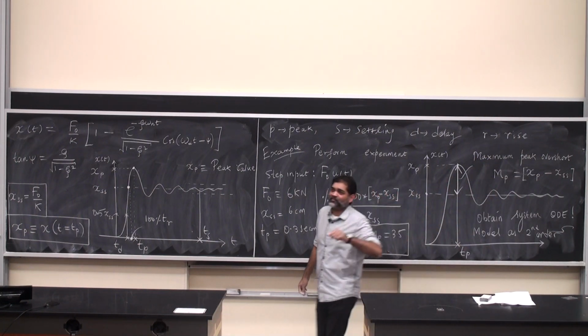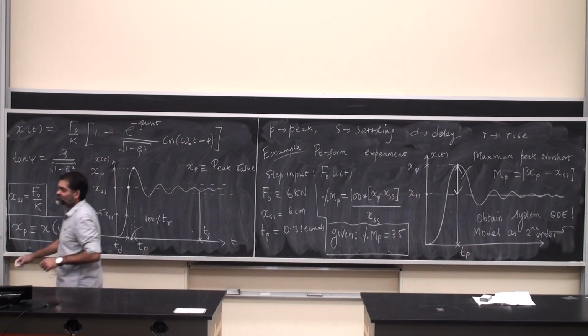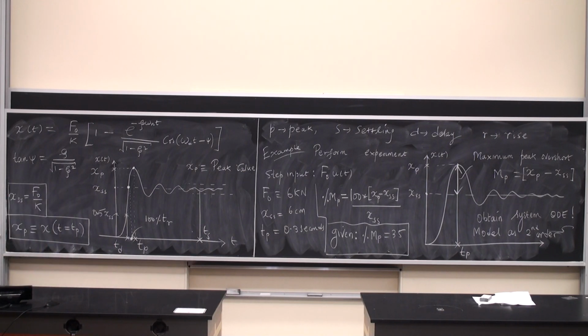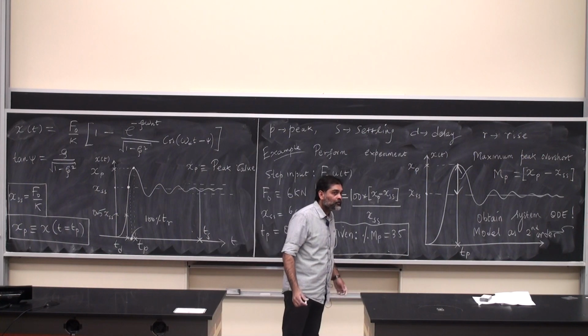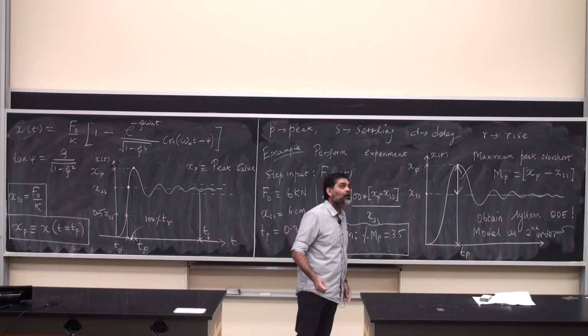Why can't I model it as a first order system? Yes? Because it oscillates, unlike systems that do that. But it's a forced response. It oscillates when the force function is not an oscillatory function, it's a step function.